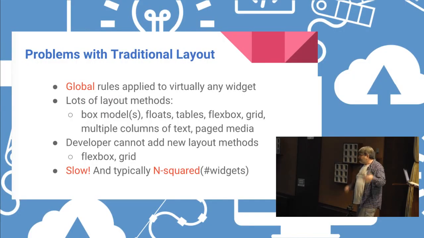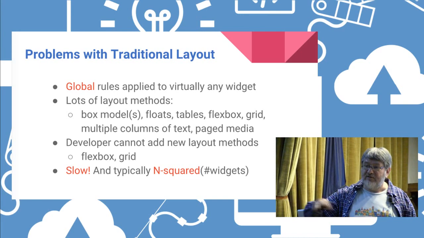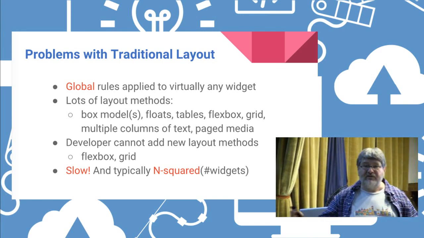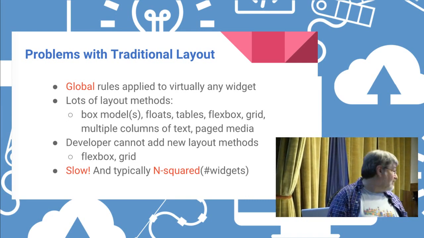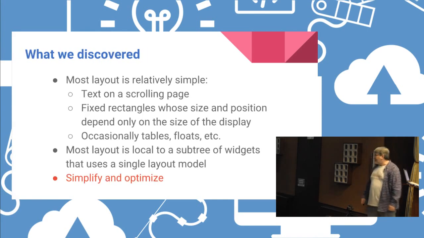And not only is it slow, but as you get more and more widgets, it gets even slower because it goes up with the square root of the number of widgets. And so building large, beautiful apps was actually very difficult in this. And the same things apply to Android and to iOS, of course.